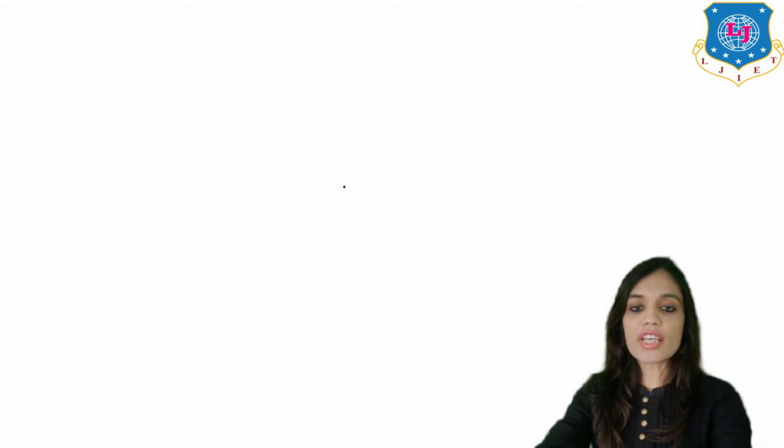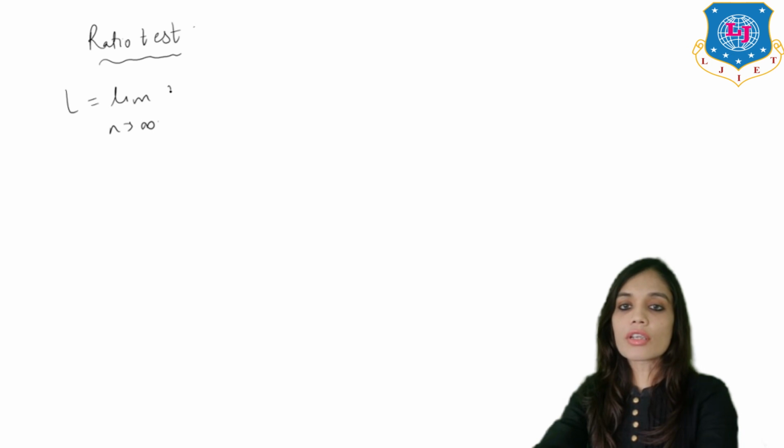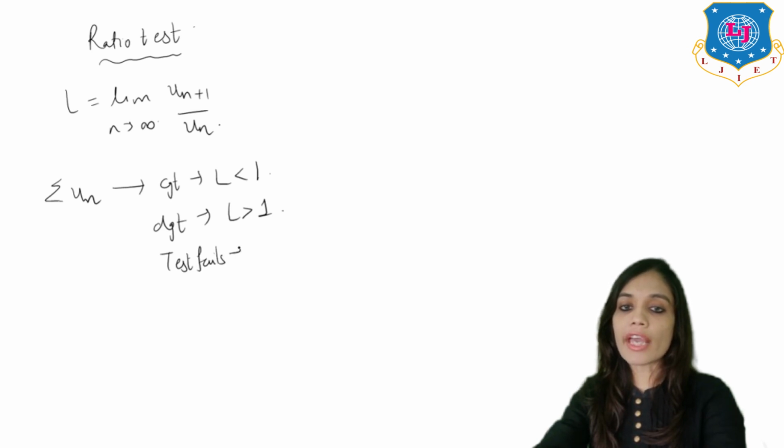So in today's session we have studied firstly the ratio test. In this we have to find L equal to limit n tends to infinity un plus 1 upon un. The series un is convergent if L is less than 1, divergent if L is greater than 1, and the test fails if L is equal to 1. Whenever the test fails, we have to apply Raabe's test.